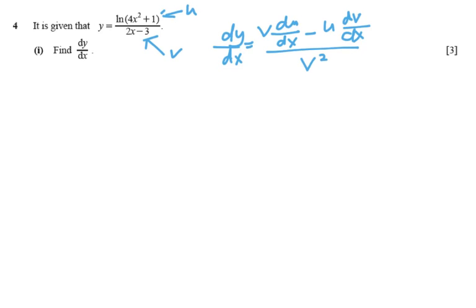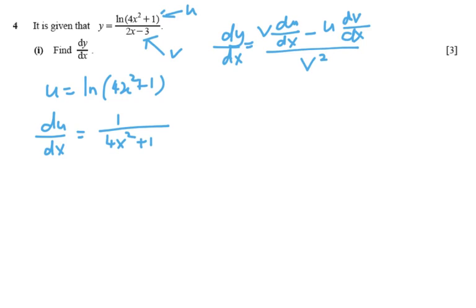So now in this case, u will be equivalent to ln of 4x squared plus 1. So getting du/dx will be 1 over 4x squared plus 1 multiplied with the derivative of 4x squared plus 1, which is 8x. Hence, the derivative of u with respect to x will be 8x over 4x squared plus 1.